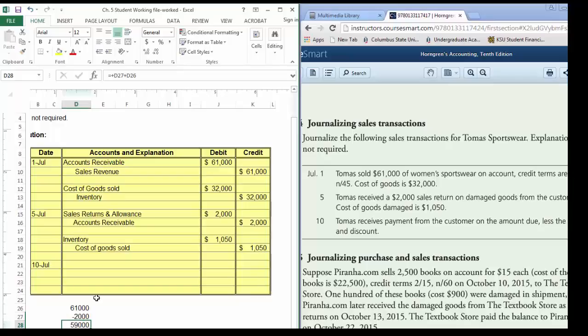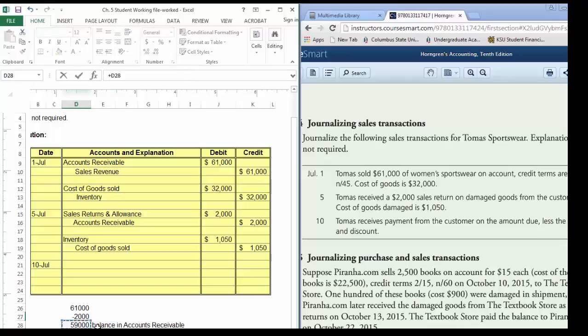Okay. Well then, let's see, are we in the discount period? The discount's 2% in 10 days. So we're within the 10-day period, okay, because we had the transaction on July 1st. So they're going to get a discount. And the discount's 2%. So this was the balance in accounts receivable.